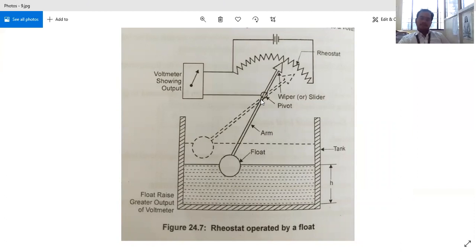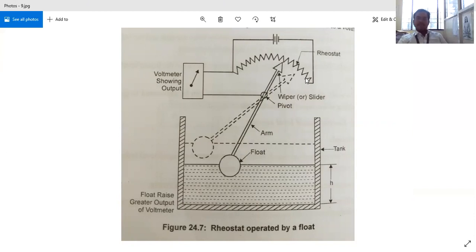So here, it is the rheostat type method. The rheostat is operated by a float. Here we have a pointer, a slider. We call this a wiper or a slider over a rheostat arrangement.